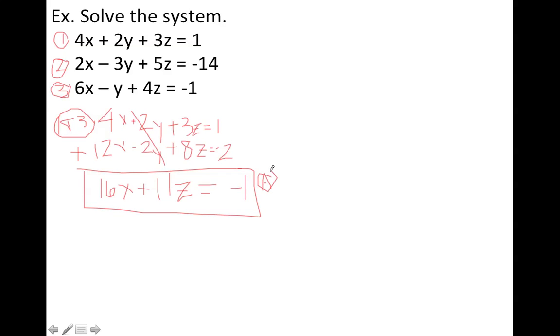Next, we have to figure out 2 more equations to add up and eliminate y for. So I'm going to pick 2 and 3. We could have chosen 2 and 1, but again, 3 has that easy variable to eliminate. So since we're not going to be eliminating anything from equation 2, go ahead and rewrite that.